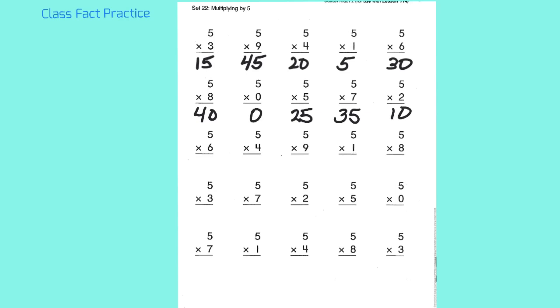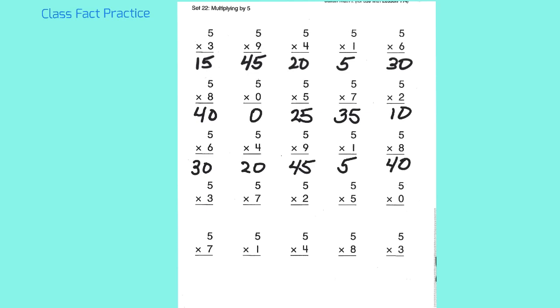5 times 6, 30. Good. 5 times 4, 20. 5 times 9, 45. Good job, guys. 5 times 1, 5. 5 times 8, everyone. Get ready.